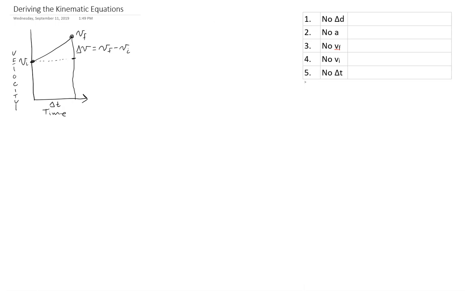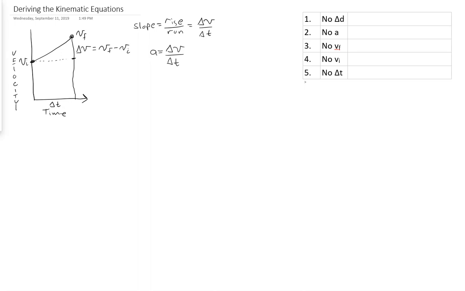So the first thing I'm going to notice here is that my slope of any graph is equal to my rise divided by my run. And in this case, the rise is my change in velocity and the run is my change in time. And I'm going to define how much my velocity changes divided by my time as acceleration. So my acceleration is change in velocity divided by change in time.